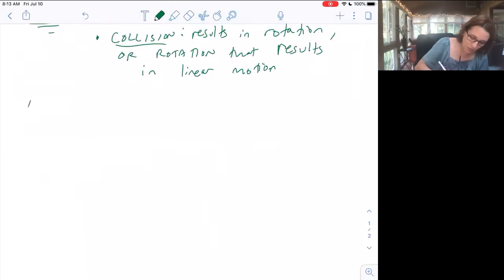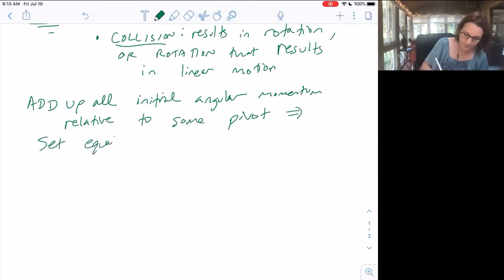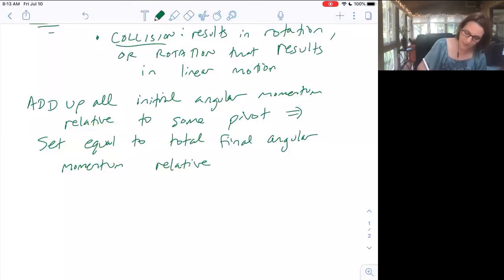So you're just going to basically add up all initial angular momentums, and that's going to be relative to some pivot point. And then you're going to set that equal to the total final angular momentum relative to that same pivot.